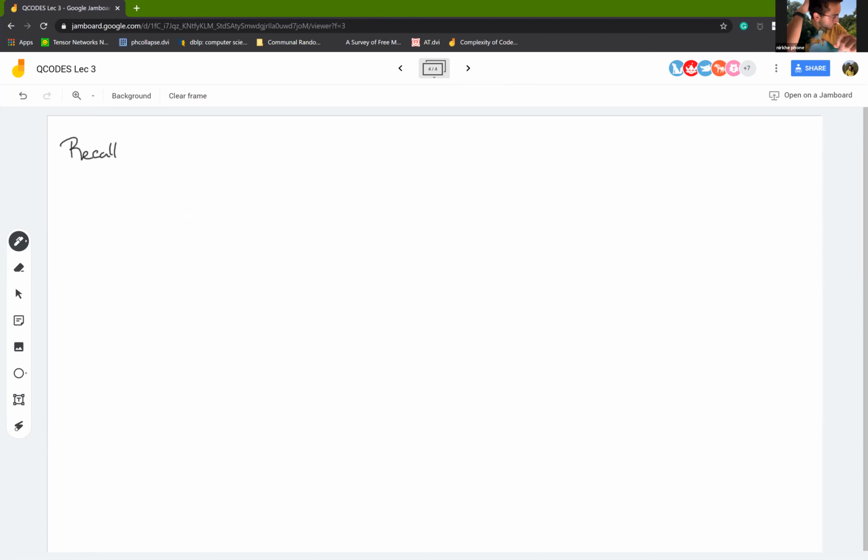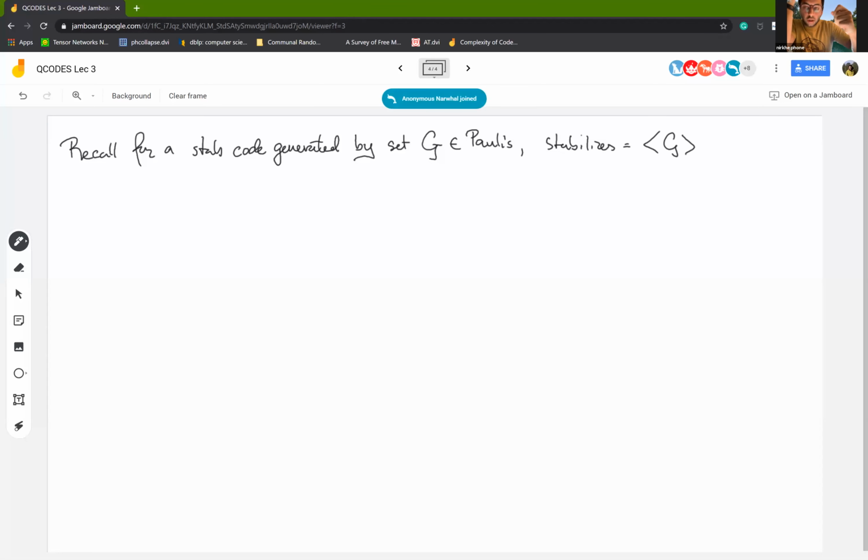So recall, for a stabilizer code generated by a set G, now this is in the Paulis, the stabilizers are just whatever can be generated by G. So if I take all the products, not just the G's, but all the products together.